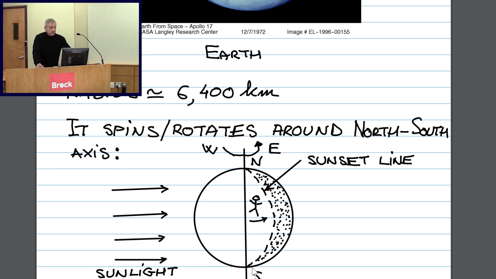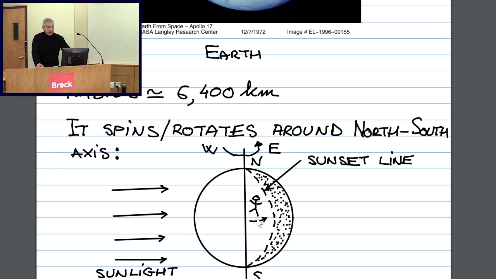The side that is illuminated by the sun is the daylight side, and the other side that is in the shadow is where one experiences darkness. And then an observer on the surface of the Earth, of course, is moving together with the Earth.